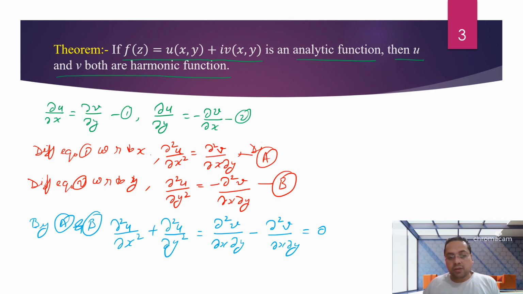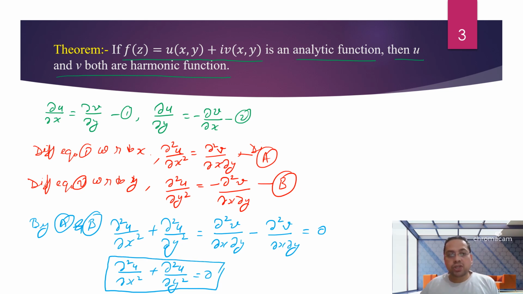That means del square u over del x square plus del square u over del y square is equal to 0, which is a Laplace equation. So function u satisfies the Laplace equation, so function u is a harmonic function.